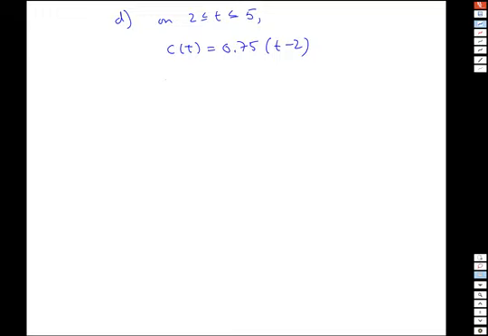And we are literally subbing that into R of C, which is 0.4 plus 0.1 c squared. Well, that's our c right there. So we're going to get 0.4 plus 0.1 times (0.75 t minus 2) all squared.